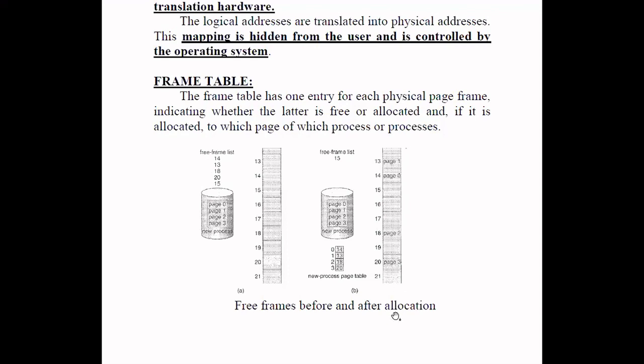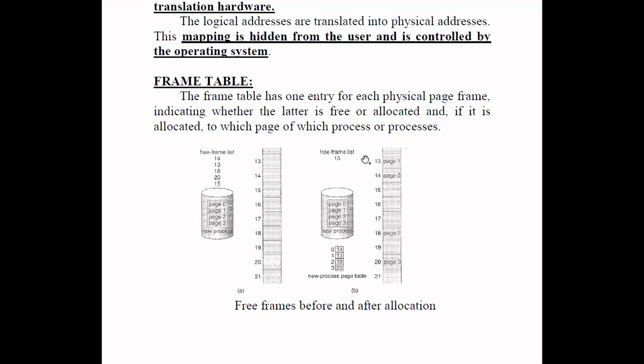If we go through this diagram, we see the free frame list over here. Frame numbers 14, 13, 18, 20 and 15 are free, and this represents the process. These are the pages of a new, upcoming process which is trying to get loaded into the physical memory.